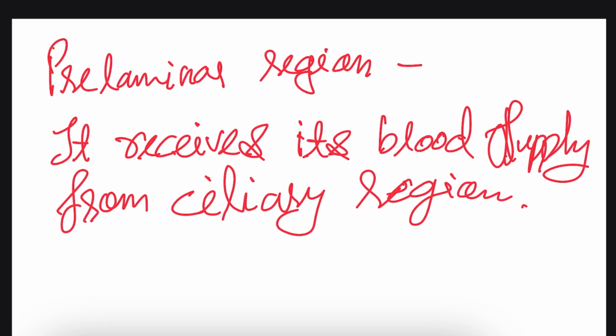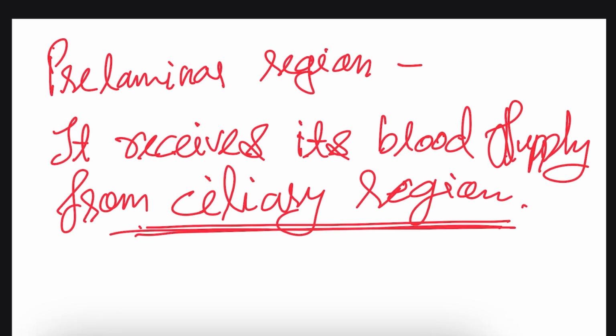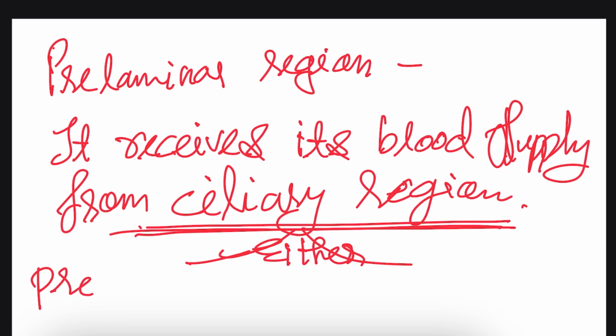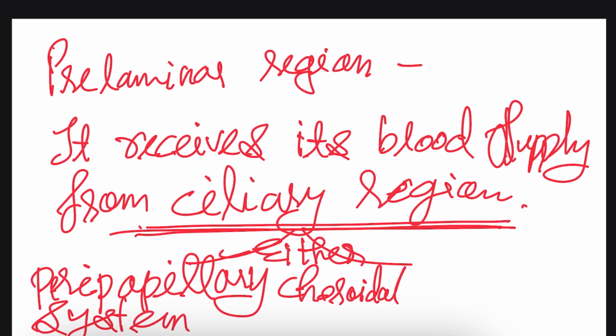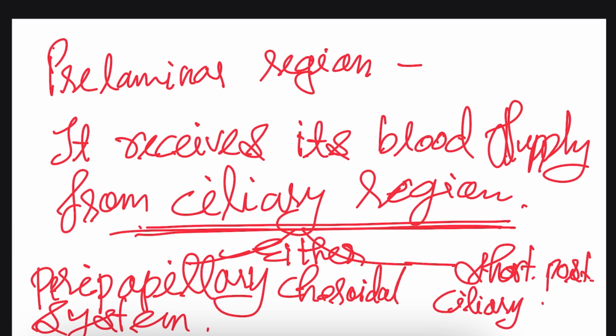So the blood supply received by the prelaminar region is derived from the vessels of the ciliary region, and these vessels are thought to be derived either from the peripapillary choroidal system or from the short posterior ciliary arteries.